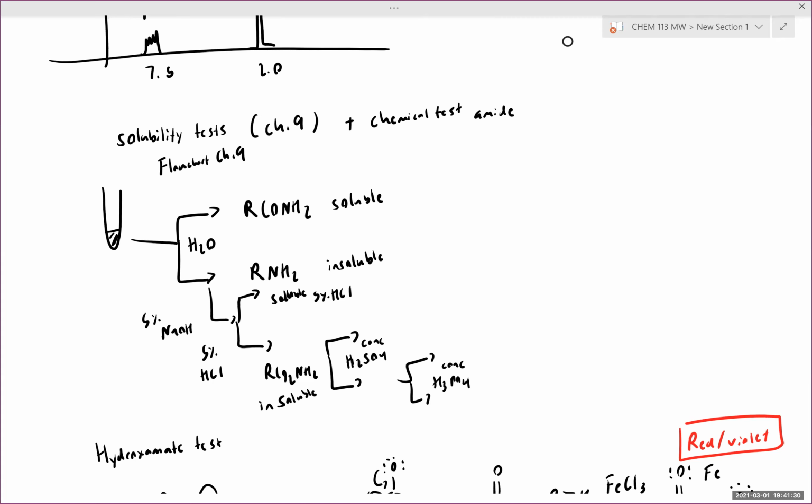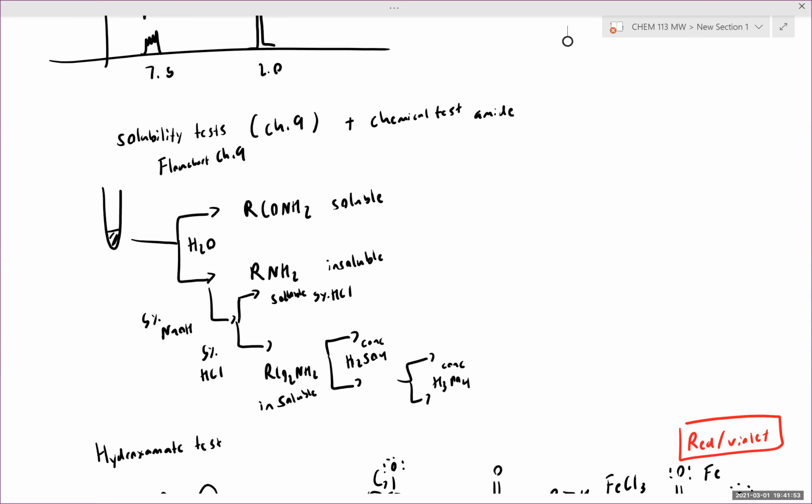The exact procedure for the solubility test is given in the lab manual, but you're just mixing a small amount of the solid with about 1 milliliter of the solution and observing whether you see a homogeneous or heterogeneous solution after mixing. You don't have to talk about the preparation.